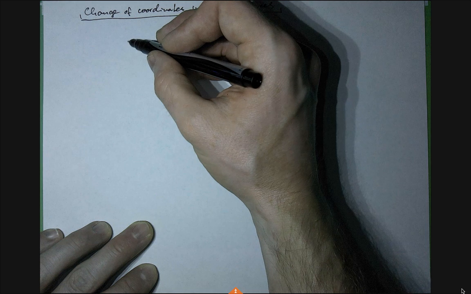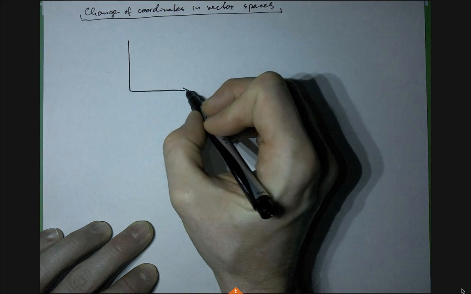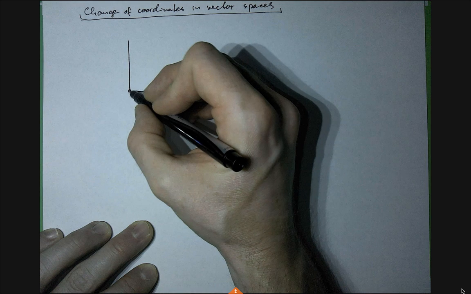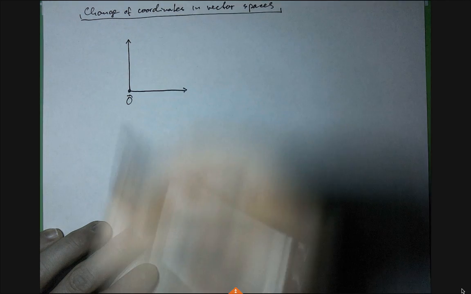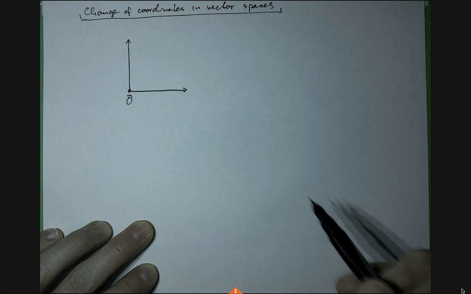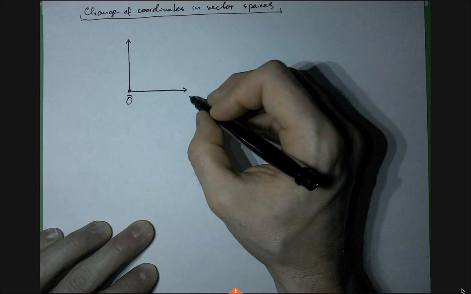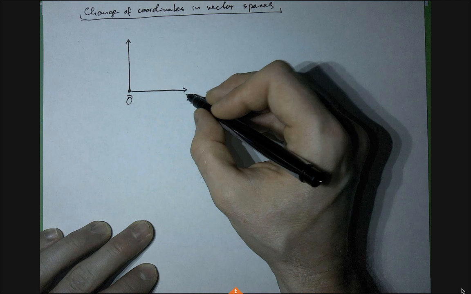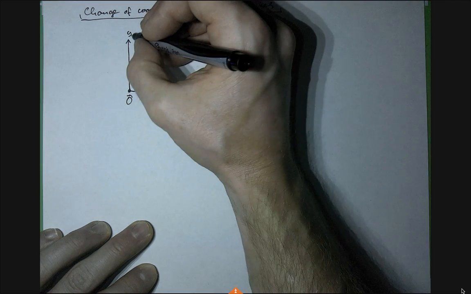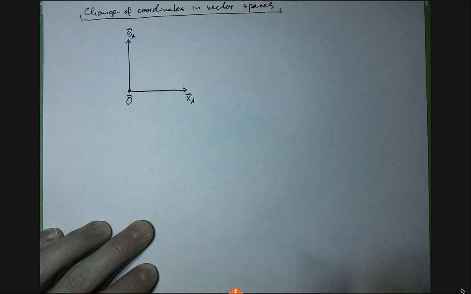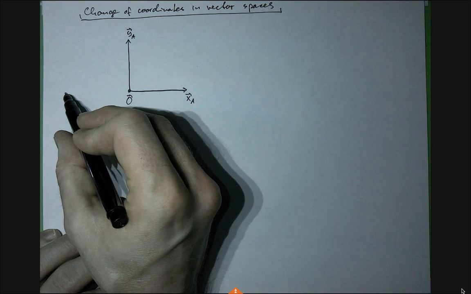So let's say I have one coordinate system. Sorry, in this case it's a basis, right? Here is the 0, which is my origin of the vector space. Now we are just dealing with vector spaces, so you can temporarily forget everything about affine spaces. And my first basis, let's say it has basis vectors called xa and ya. Okay? And let's say I have another basis.